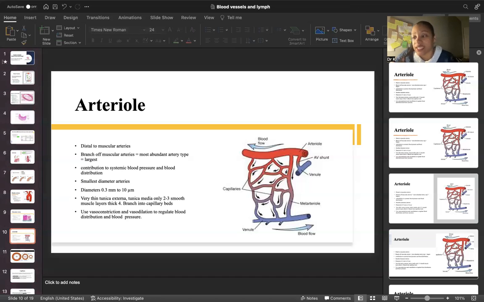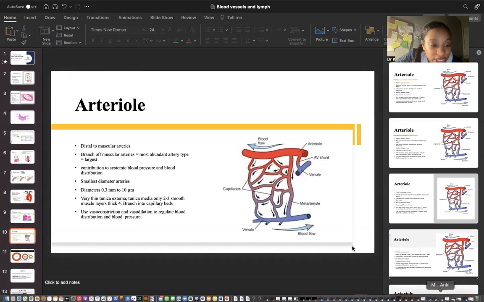So basically, these are going to be your major contributors to systemic blood pressure and blood distribution. They're going to be mainly involved in vasoconstriction and vasodilation. They're going to have the smallest diameter. That's how you're going to be able to identify them, right?